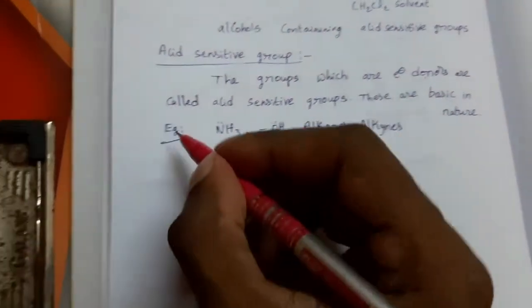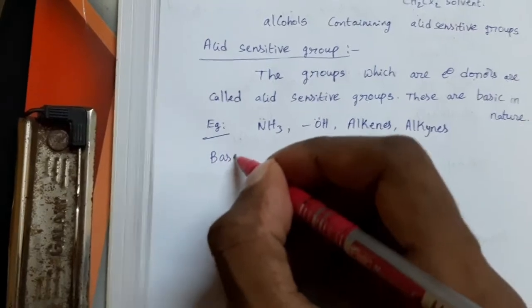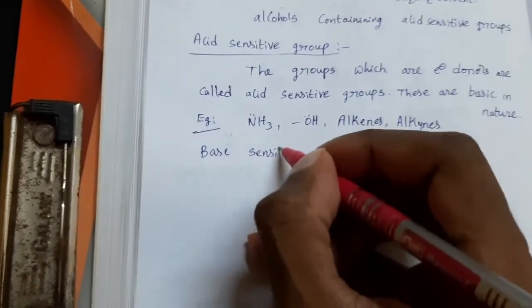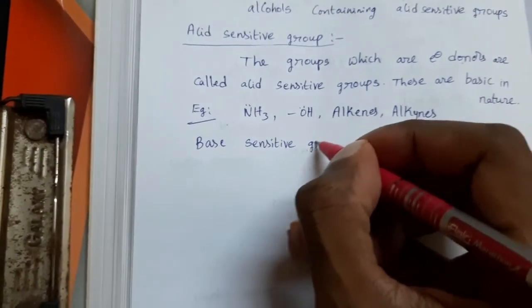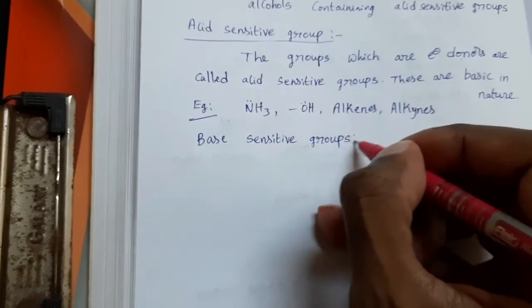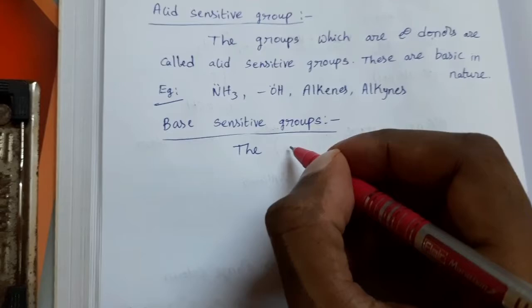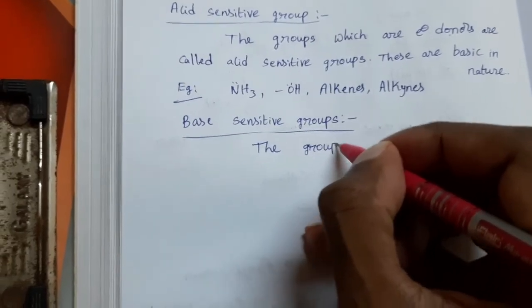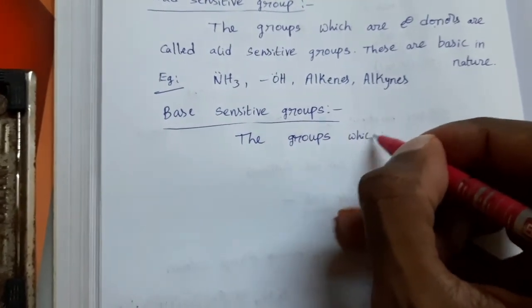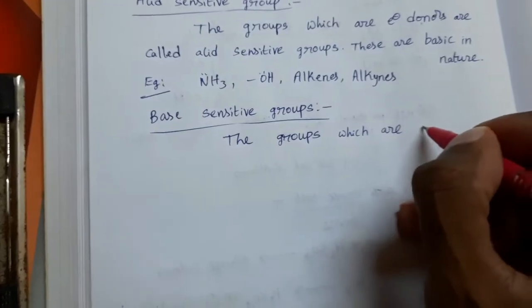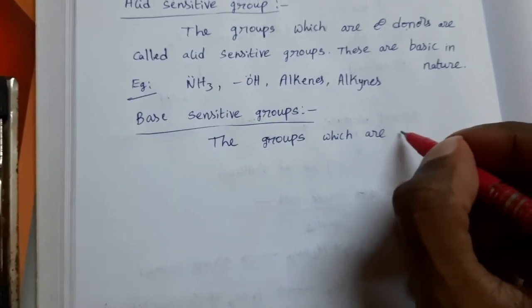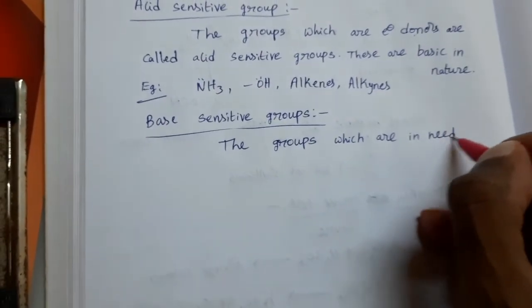Next, base sensitive groups. Base sensitive groups means the groups which are in need of electrons.